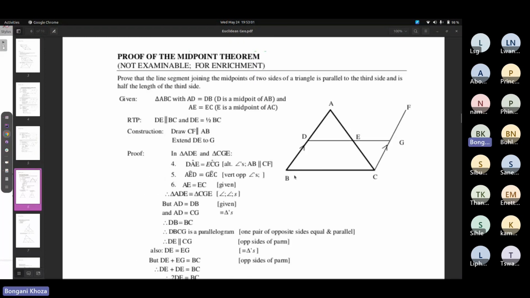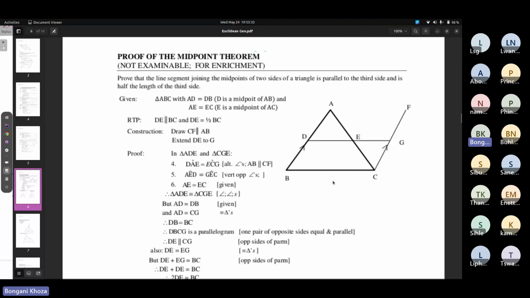Right. The other thing is the midpoint theorem. They're saying it's not examinable. You just have to know it: if you have a line segment that joins two midpoints, the midpoint of AB is D, the midpoint of AC is E, then the line joining those two midpoints, DE, is parallel to BC.